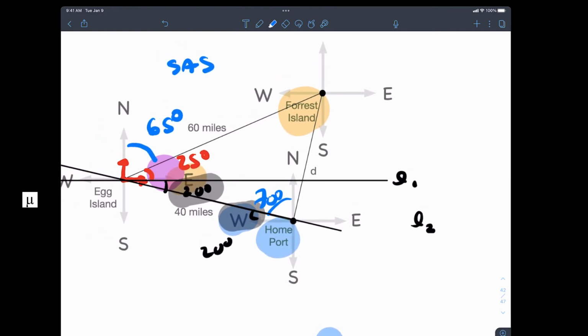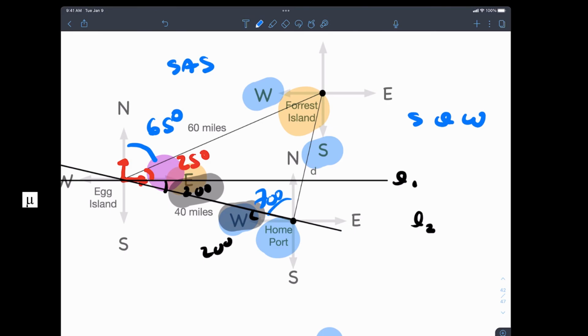Remember this: how do you go from Forest Island to home port? They want the bearing. So if you were to navigate, what direction are you going? South, west. Is that true? Because you're trying to get to home port. So you say, oh, we got to go south, theta, west.